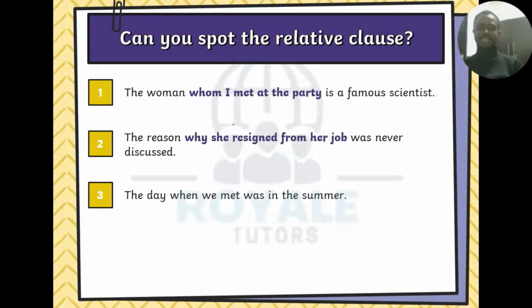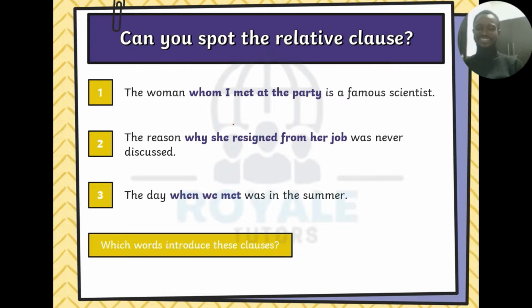Three, the day when we met wasn't the summer. When we met. Is that your final answer? Okay, good. Which words introduce these clauses? Yeah, and here they are: whom, why, and when.